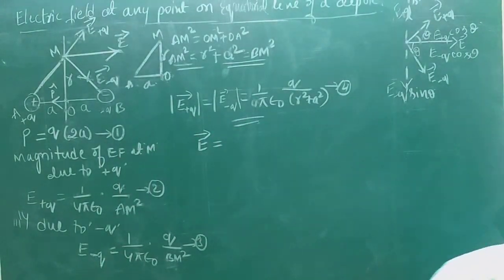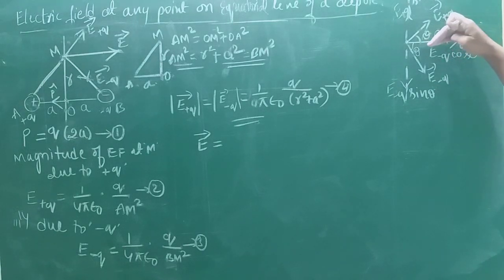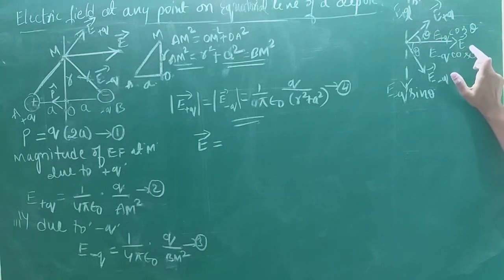Then the remaining are E plus Q cos theta and E minus Q cos theta, and both act along the direction of this total field.